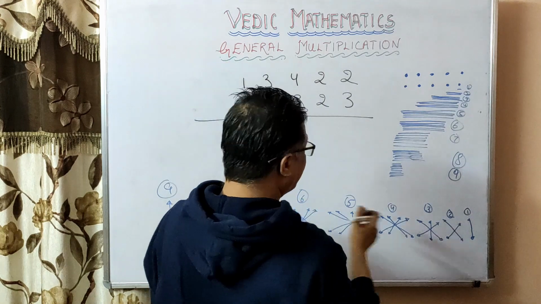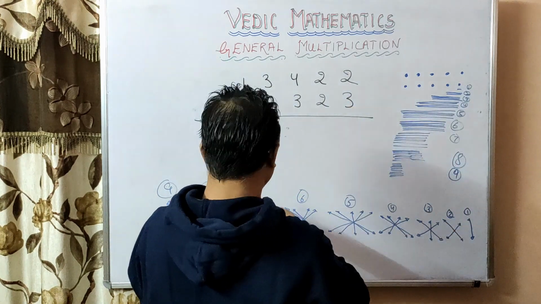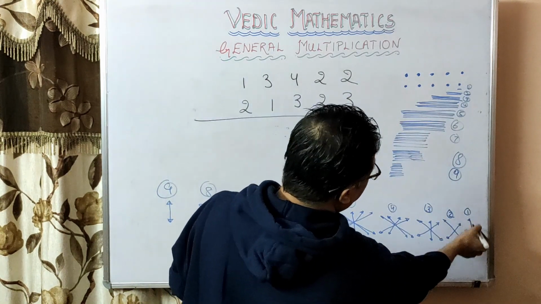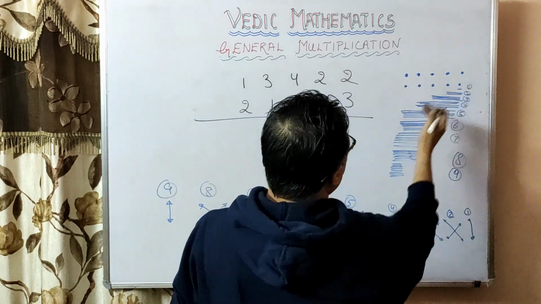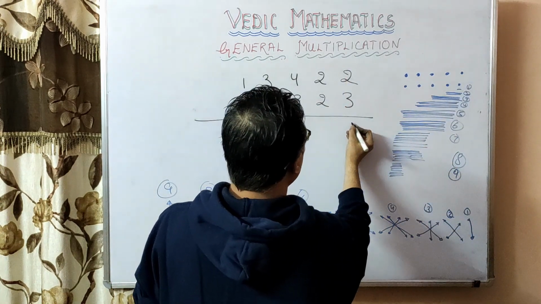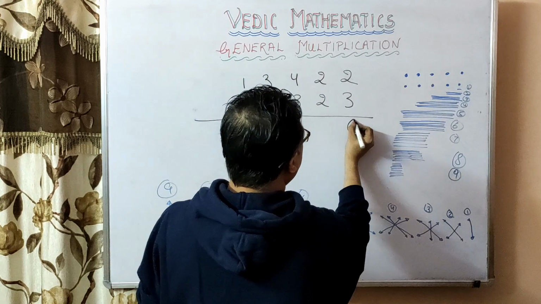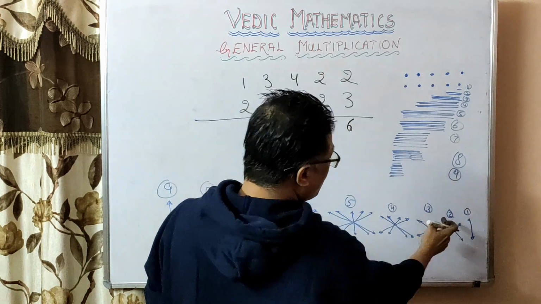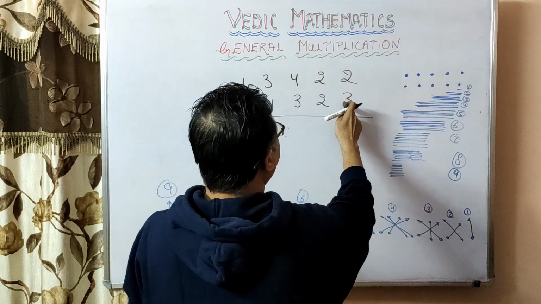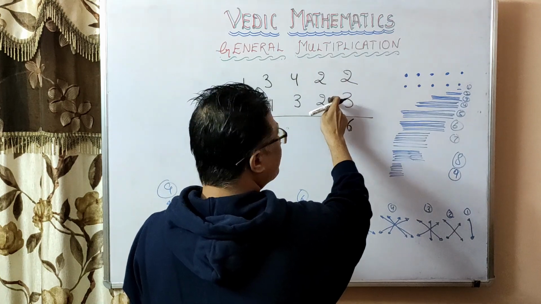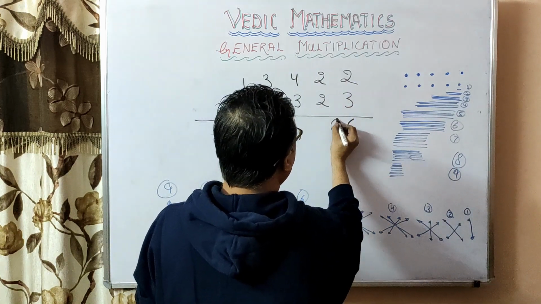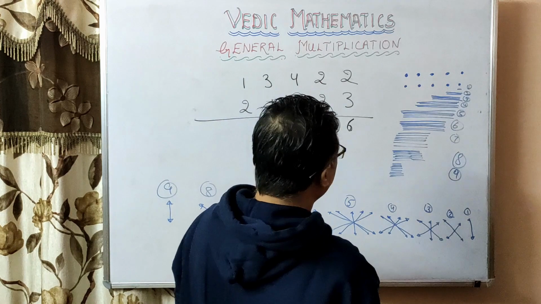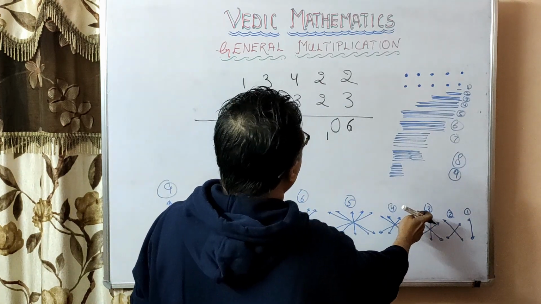So for step 1, 2 multiply by 3. Step 1, this multiply by this. So 3 2s are 6. Then for step 2, 2 multiply 3 is 6 and 2 multiply 2 is 4. 6 plus 4 is 10. 1 is carried. Now step 3.